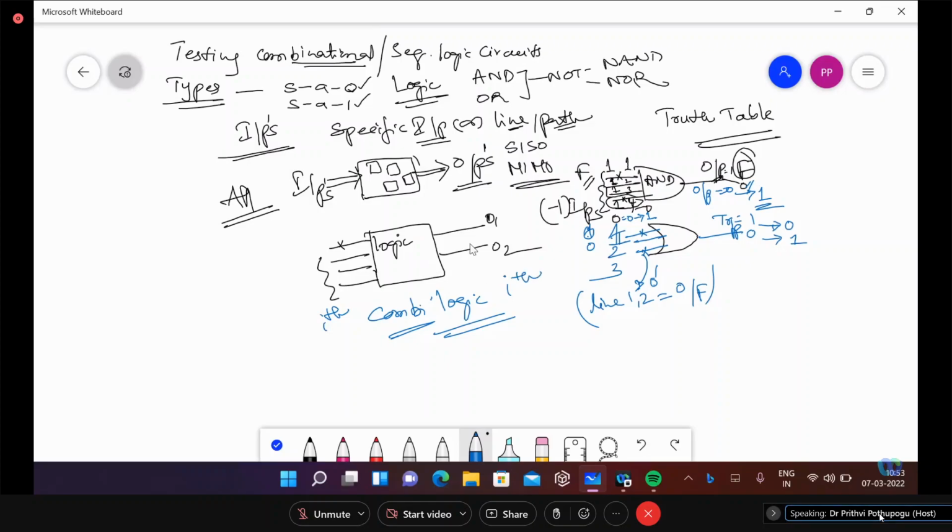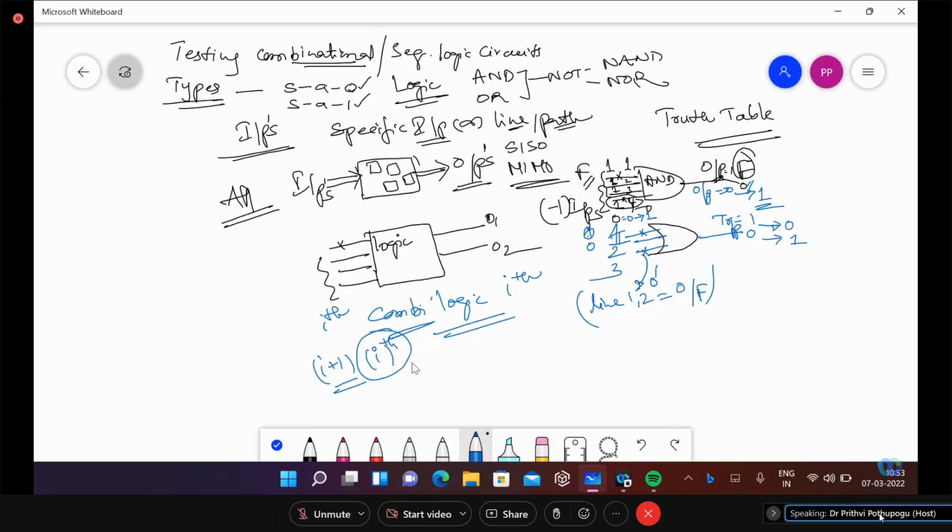Now, if no output is fed back, that means your i plus 1 input does not have the ith stage feedback. The i plus 1 input is not having the ith, that is previous, influence, then it is a perfect combinational.